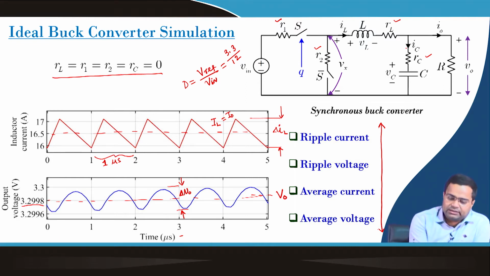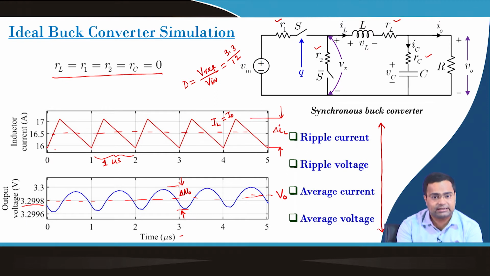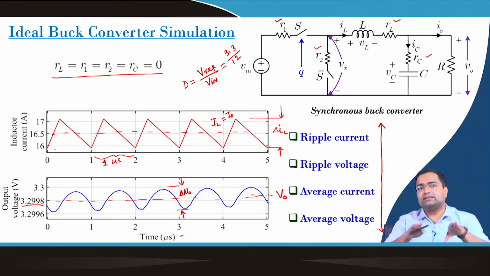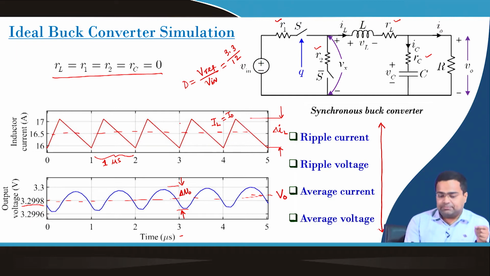So if we want to draw the capacitor current, it will be the same as the inductor current if we eliminate the DC value. That means if the dotted line is 0, and the capacitor current is positive, the output voltage will rise, and if the capacitor current is negative, the output voltage will fall. So this is consistent.